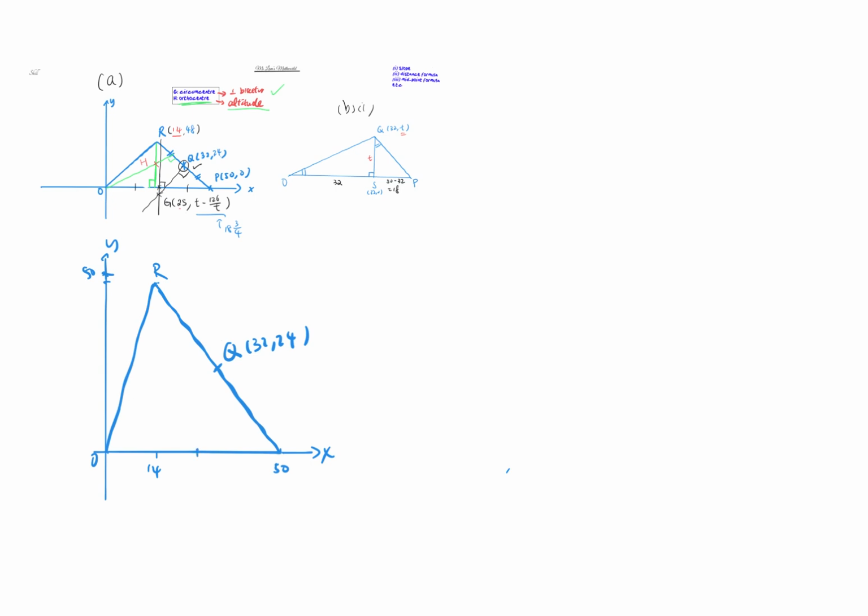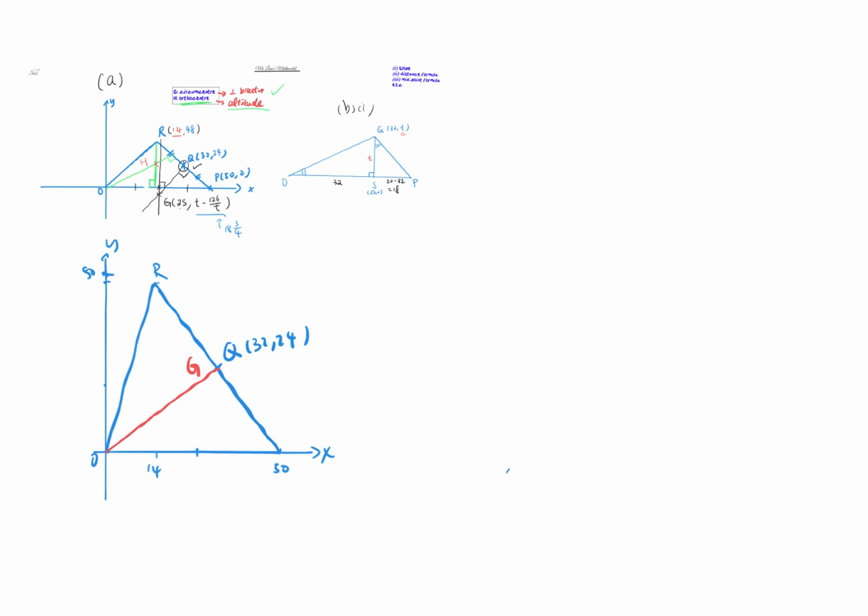That means something like this. As we know that they are collinear, O, G, Q, we also sketch the G somewhere in the middle.